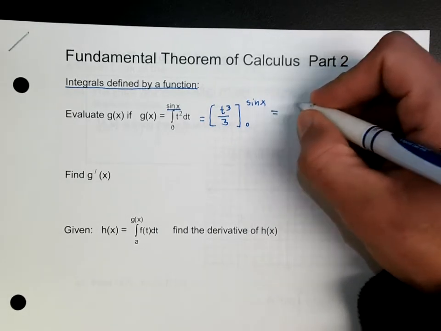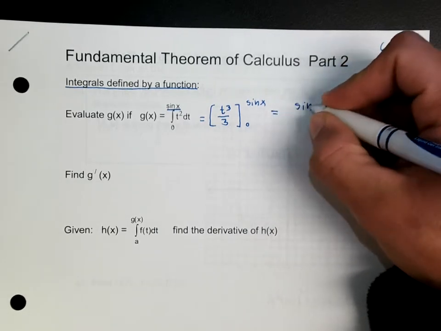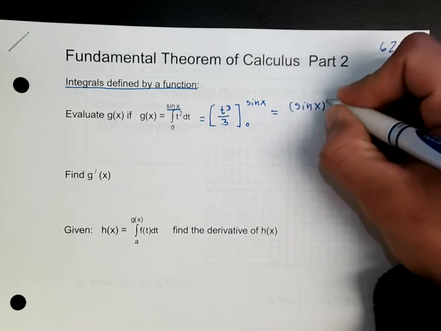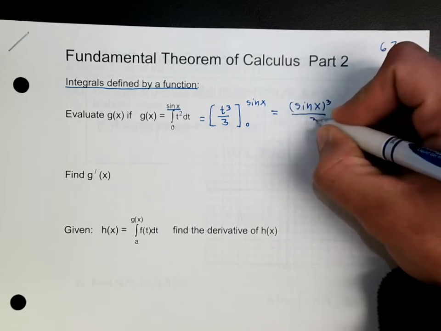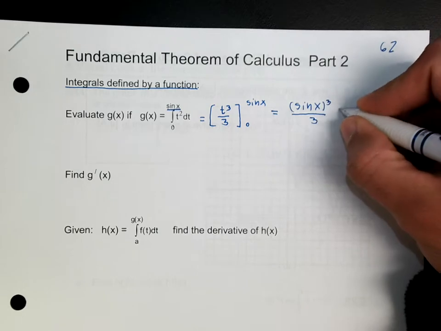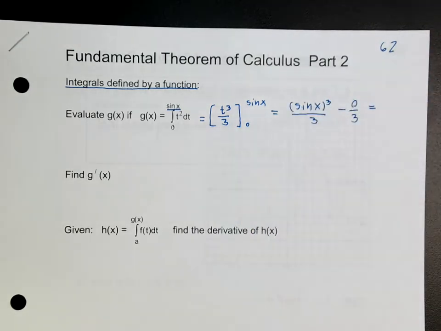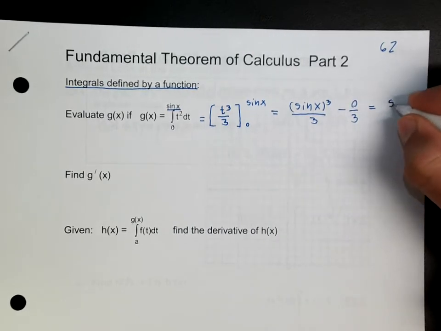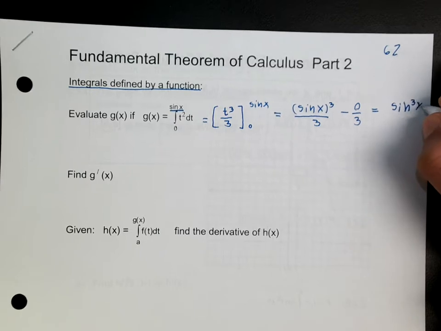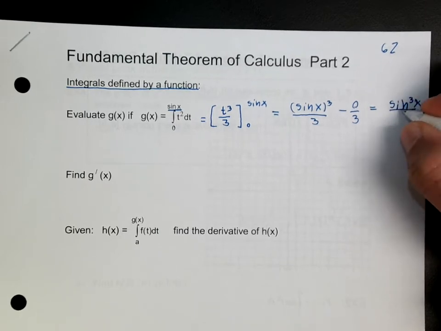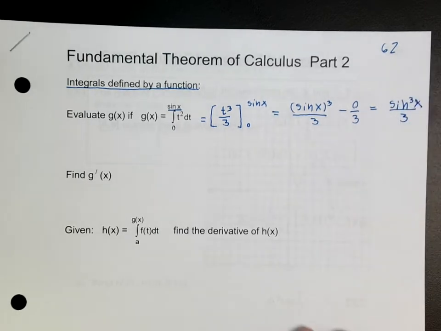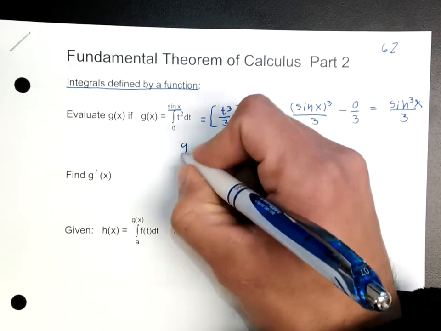So that's going to give me sine x cubed over 3 minus 0 over 3. So this is just going to be sine cubed x over 3. Okay? So I'm just rewriting this.